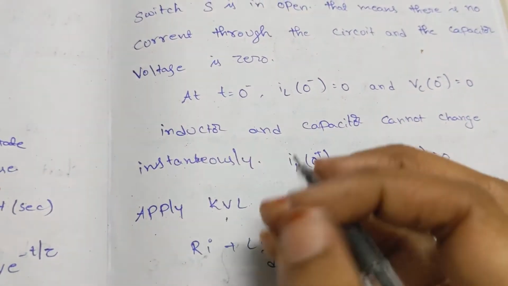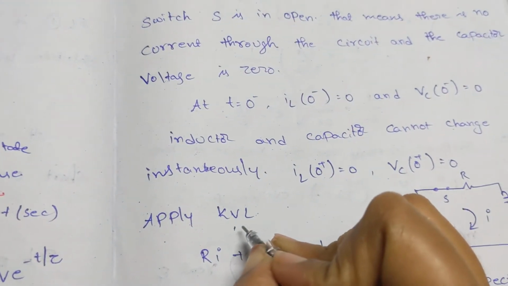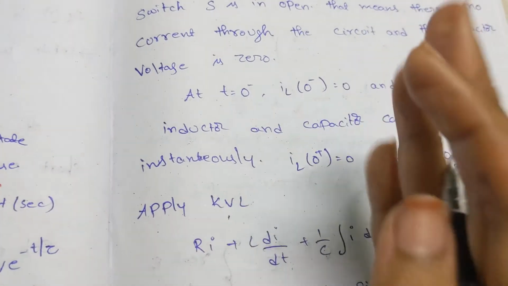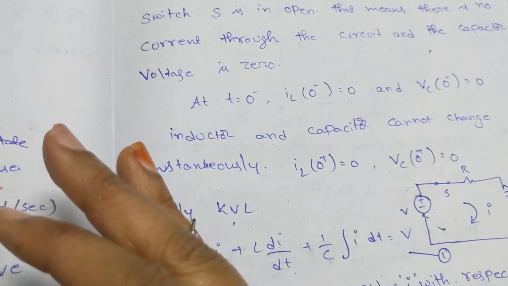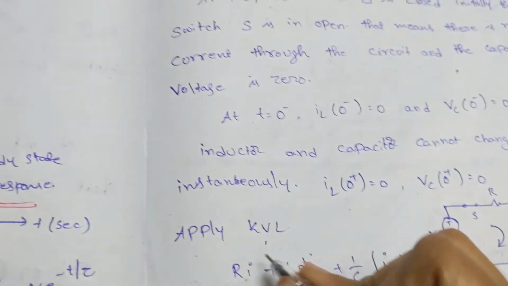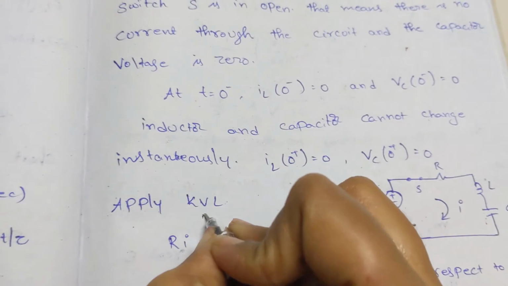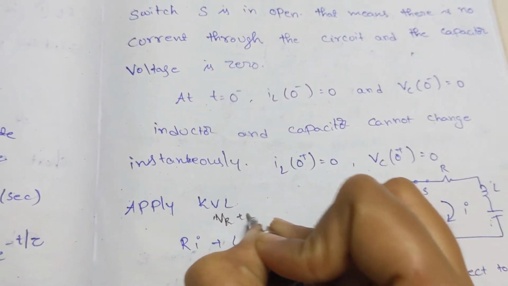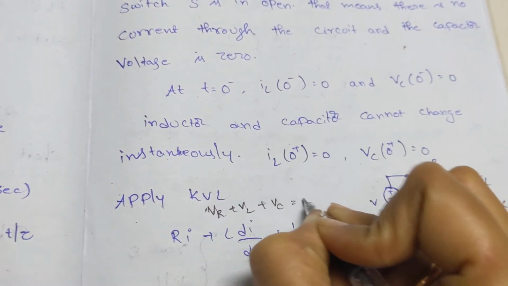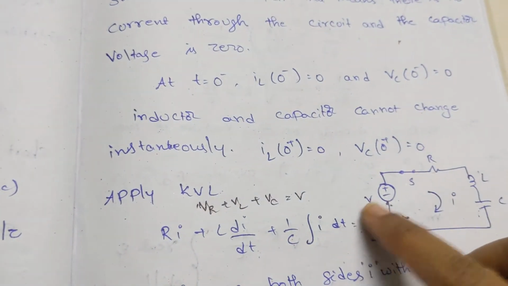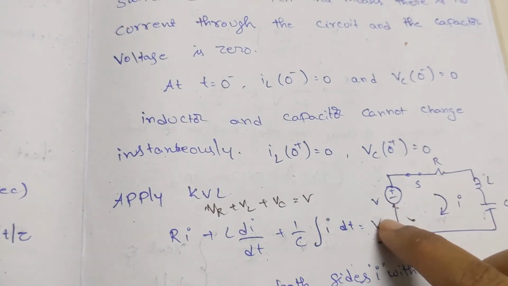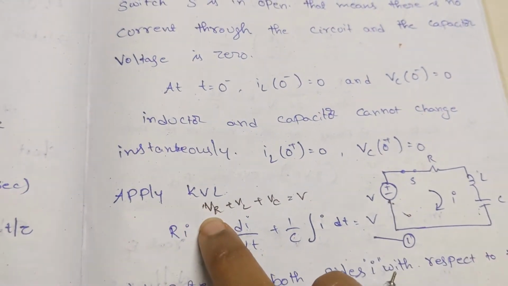Drop is represented in terms of minus. So I take all the drops on one side and all the sources on the other side. Drops will be across your resistor, inductor and capacitor. It should be equal to your applied source. Here the applied source is V, since it is a DC source.